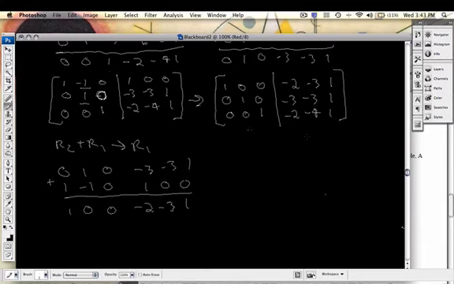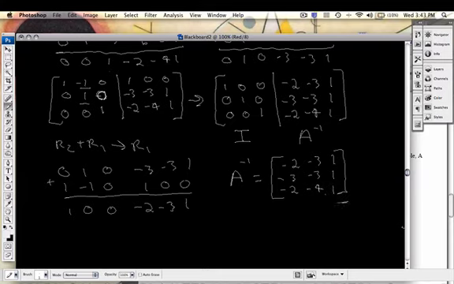So again, left side's the identity matrix. That means on the right, this is my inverse matrix. So at this point I can stop, and I can say that my inverse matrix has been found. And there it is. All right.